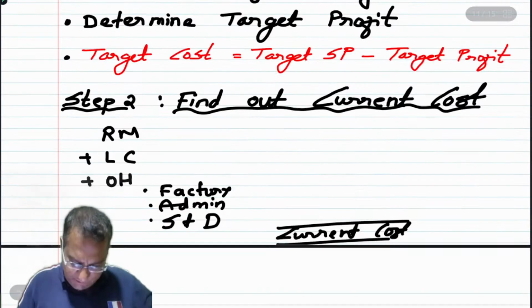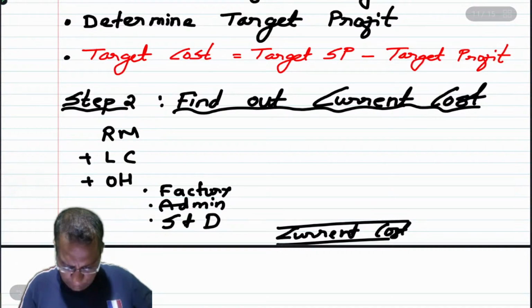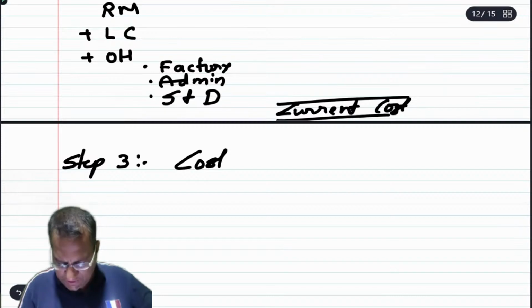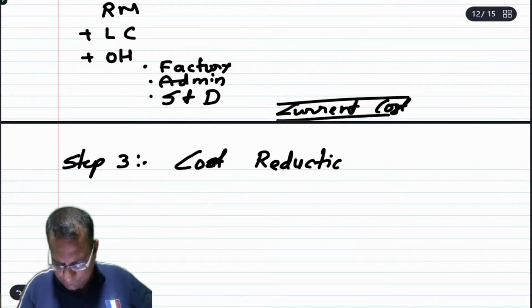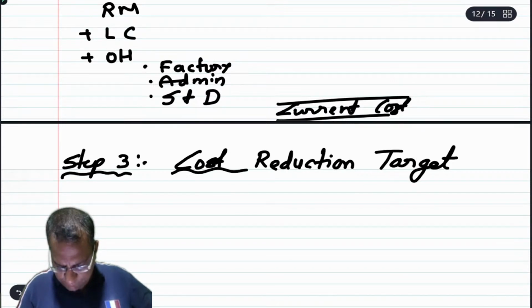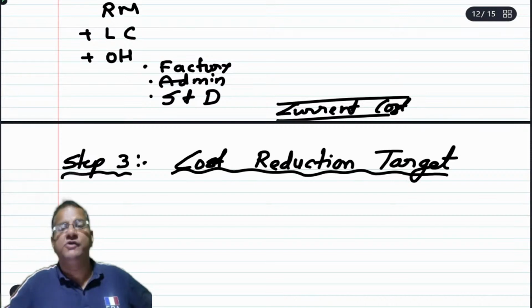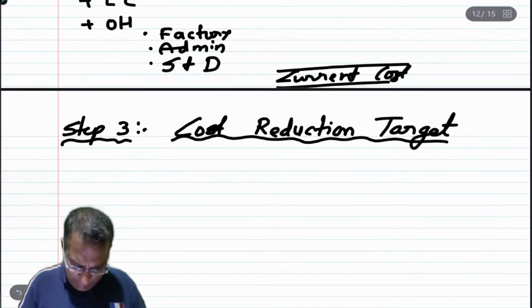Okay. Now, step number 3. Cost reduction target. How will this be found out? It's very simple.